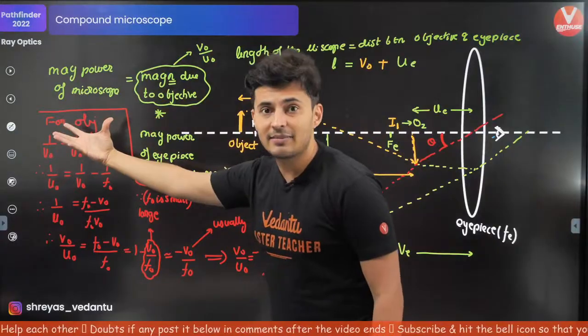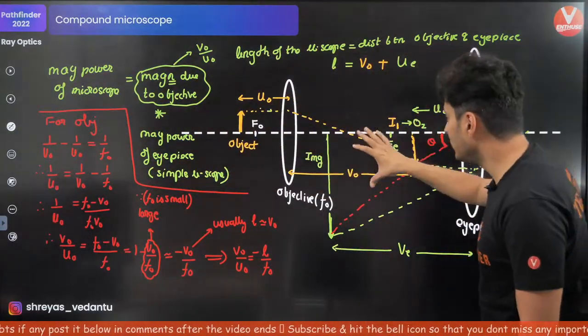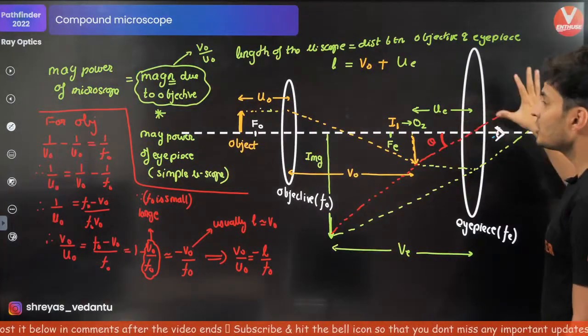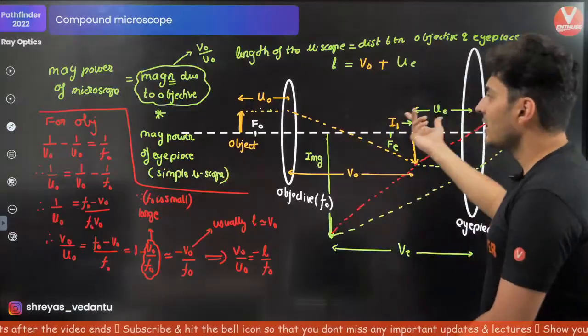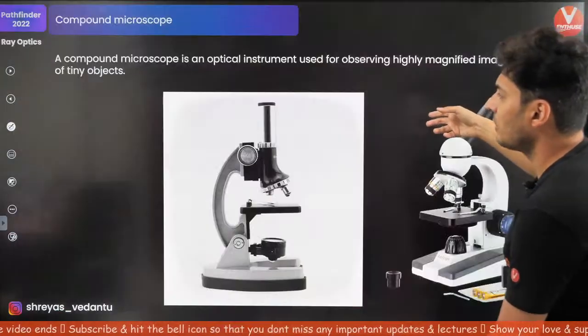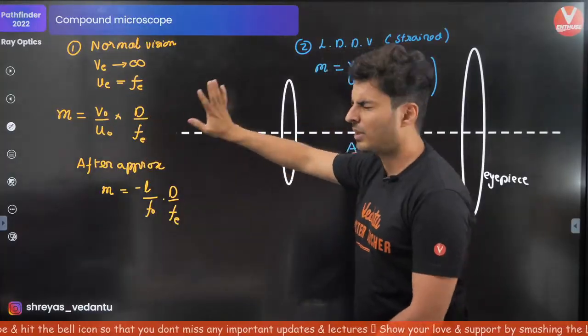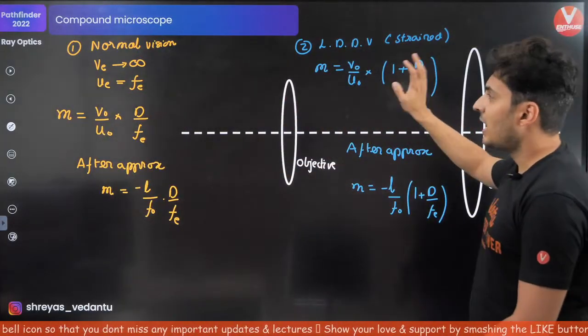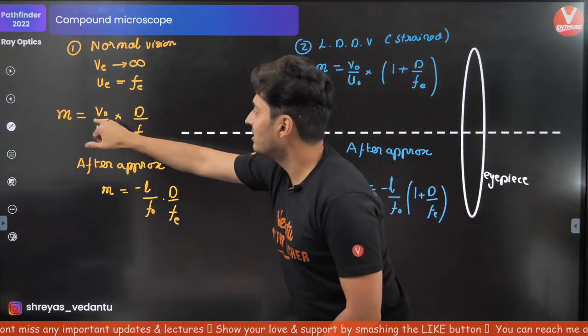The total magnifying power is the magnification due to the objective into the simple microscope's magnifying power. Now, if it is the least distance of distinct vision, then it will be D by F. Sorry, my bad. It will be 1 plus D by F. And if it is normal vision, then it will be just D by F. The first term is simple.